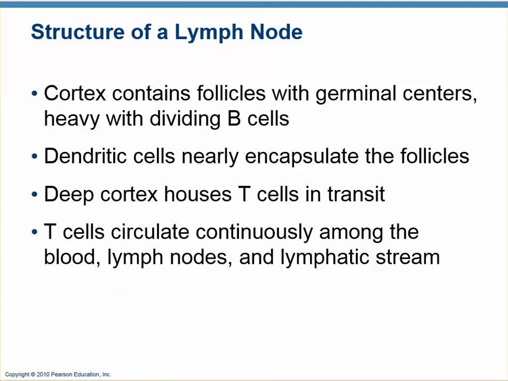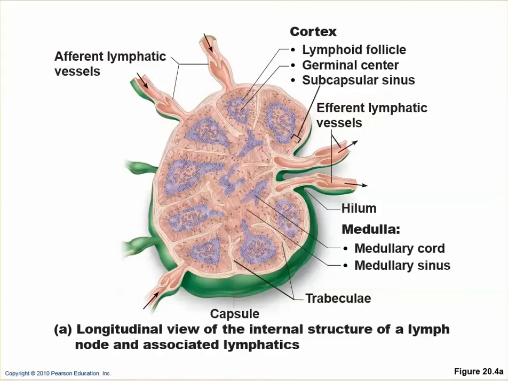Dendritic cells are phagocytes. Deep in the cortex is where the T lymphocytes are found. The T lymphocytes are mobile. They move all around the body at any given time. The B lymphocytes don't, not as much anyways. So it ends up looking like this.